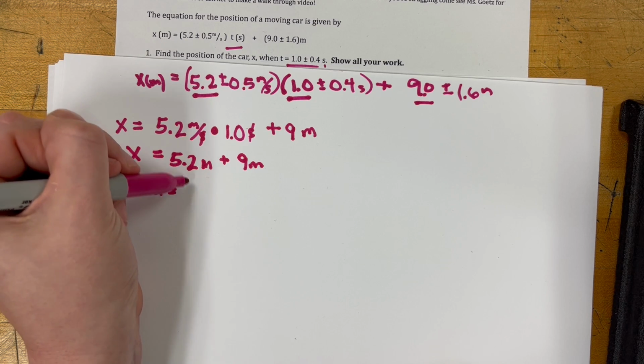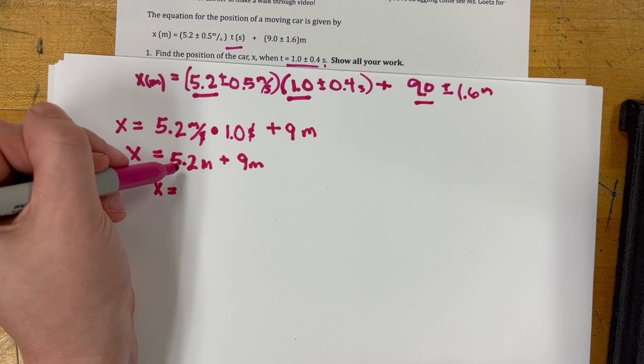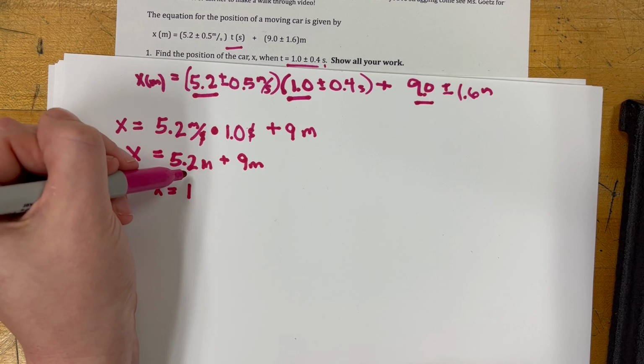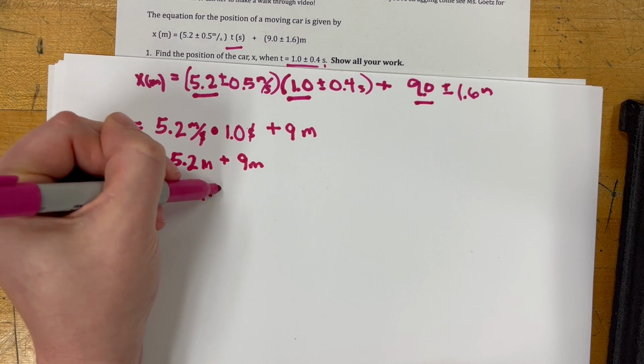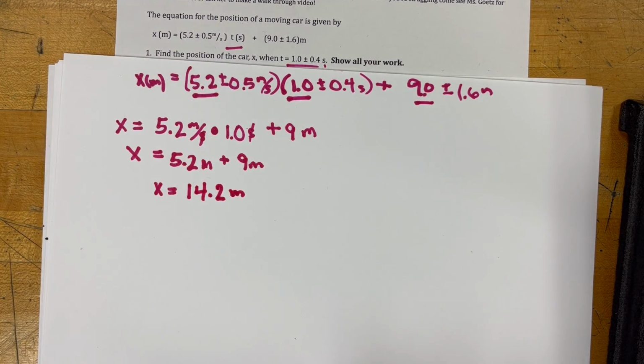So 5.2 plus 9, well, 9 is made up of 5 and 4, so 5.2 plus 5 would give me 10.2, plus 4 would give me 14.2 meters. So that is my position. But that's not all we want. We also want to know what the uncertainty is.